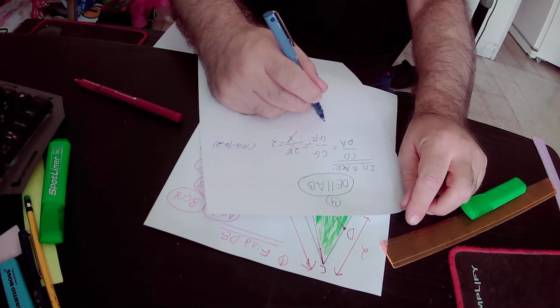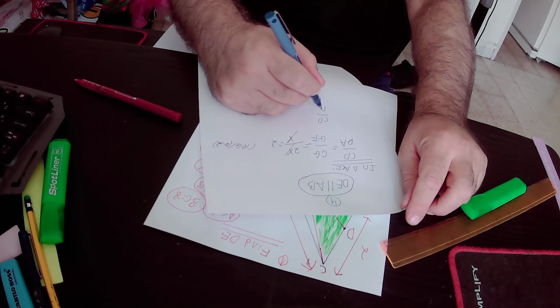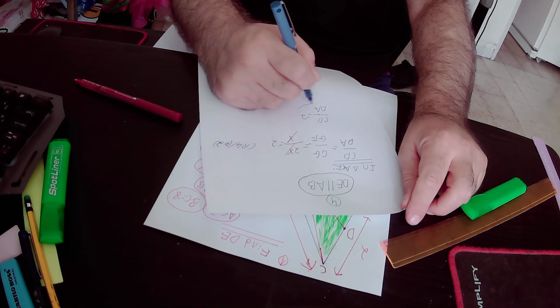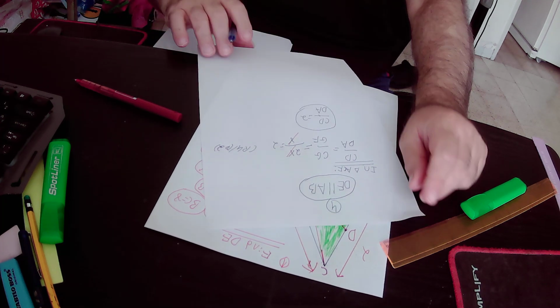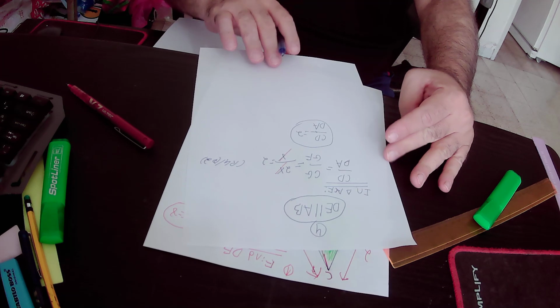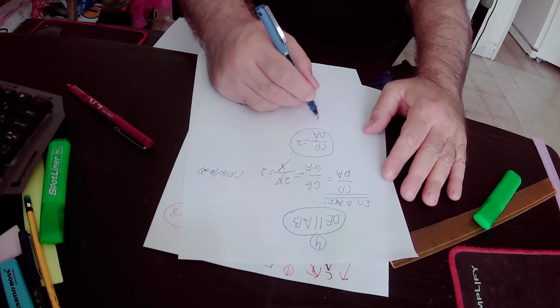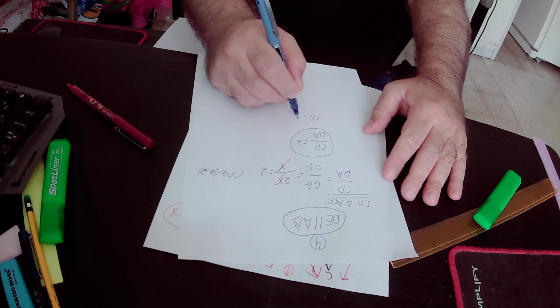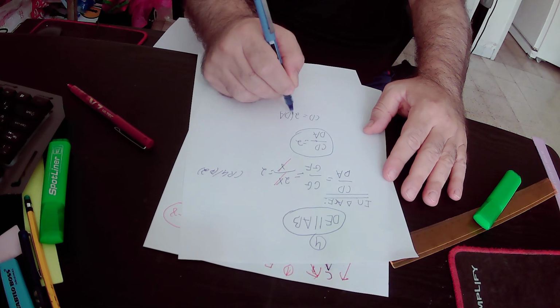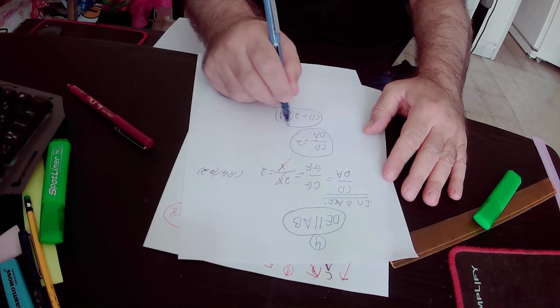We got that CD over DA equals 2. And if we multiply this equality by DA, we will get that CD equals 2 times DA.